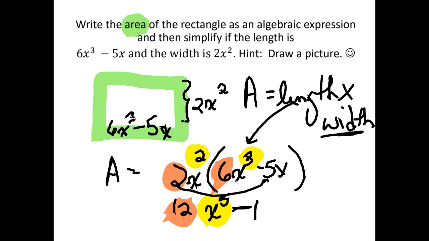Now I have 2 x's here, 1 x here, x cubed. This is my answer. Okay. This is my area. Now this ends chapter 3. Hopefully you enjoyed what we did.